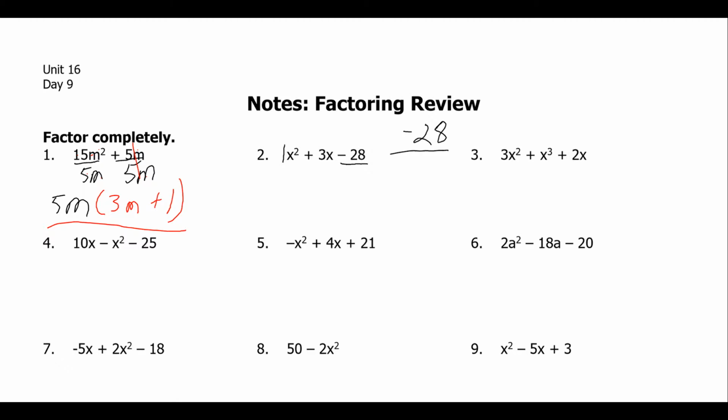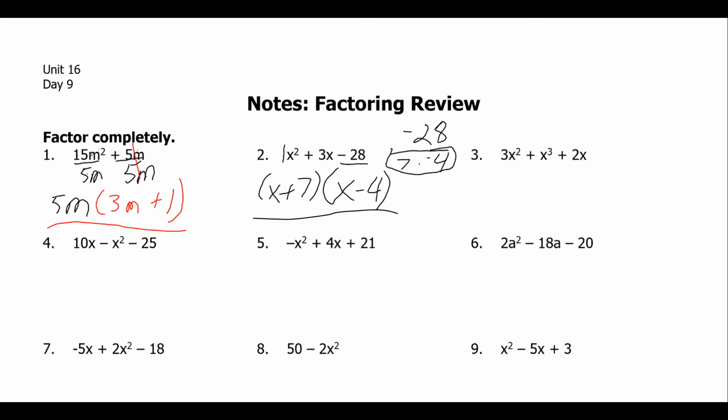Alright, time's up. 7 times negative 4. Now that's going to be x plus 7 and x minus 4. There's some neat tricks that you should have picked up along the way where you can just jump to that conclusion.